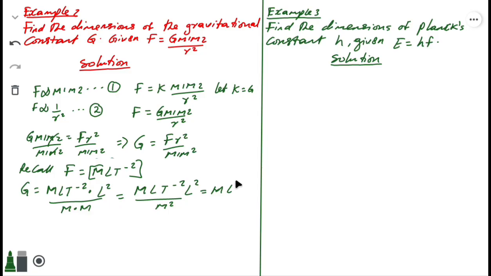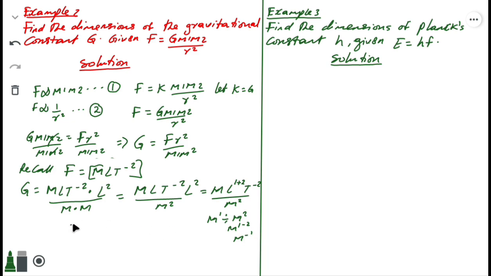So we can proceed by saying M L^(1+2) T^-2 over M^2. If we apply our knowledge of indices, that is M^1 divided by M^2, this is going to be M^(1-2), and this will be M^-1.